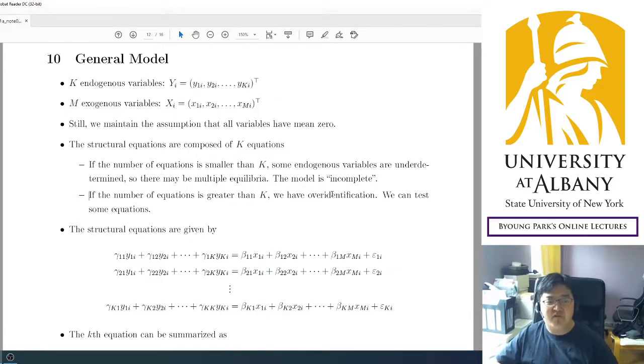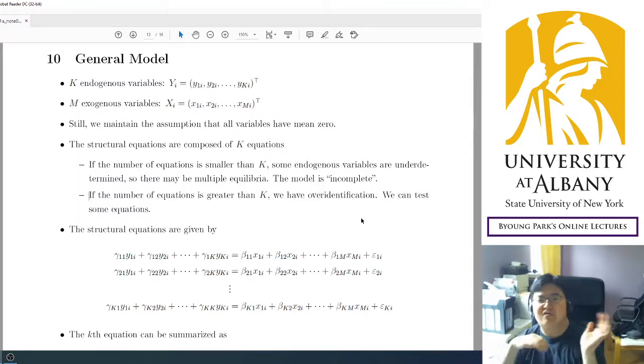There is an over-identification problem, which is not really a problem. You may utilize the extra information for testing or for estimation, but we are not going to consider that because if there are more equations than endogenous variables, it may be possible that there are no solutions, no equilibriums, like the generalized method of moments problem. So it complicates the analysis, and we are going to rule out this case too.